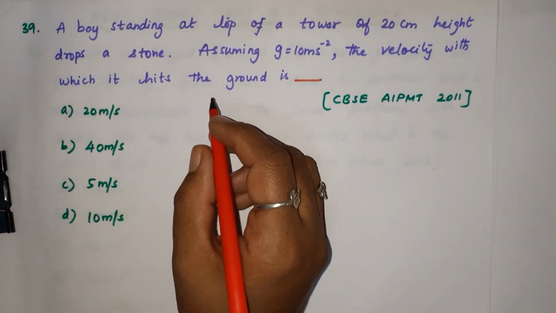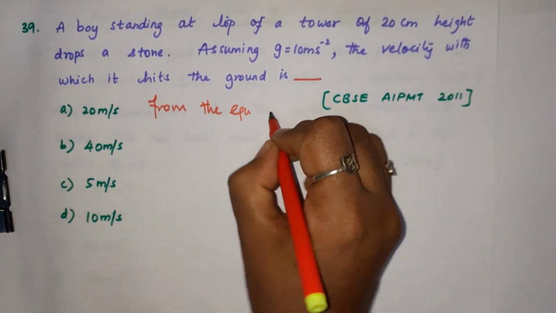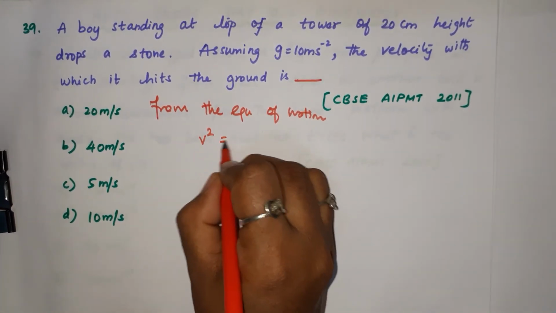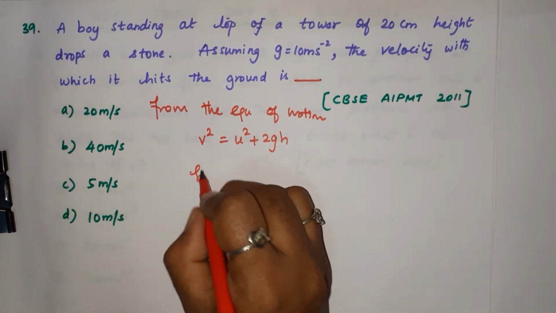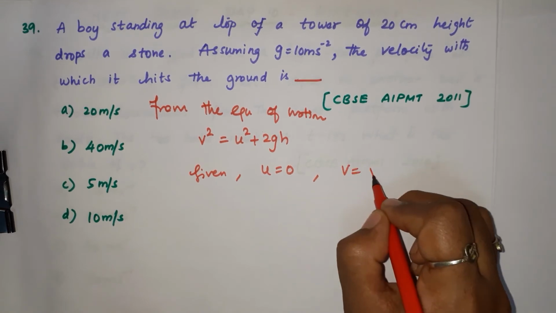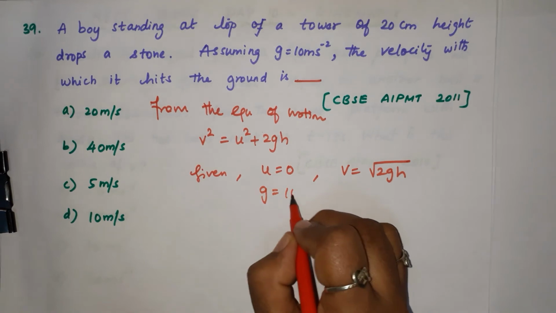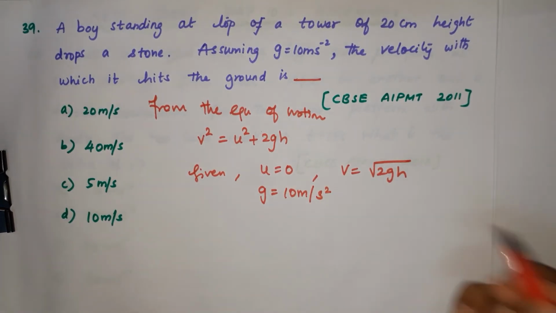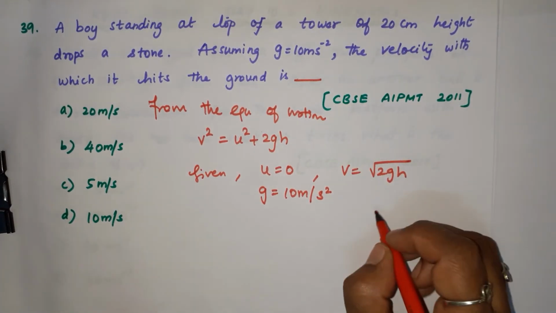So from the equation of motion, we know the formula, that is v square is equal to u square plus 2gh. What is given? Given is u equal to 0, so v is equal to root of 2gh. g is equal to 10 meter per second square, right? h is also given, 20 centimeter.